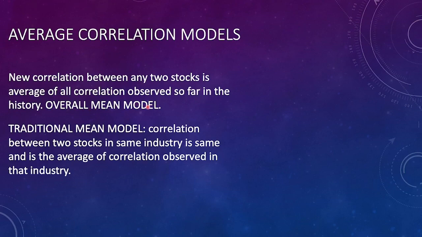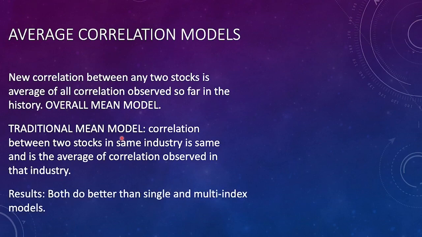Their correlation is the average correlation between all the stocks in that healthcare industry, and that's the prediction of the correlation between any two stocks in the healthcare industry, right? So it's the same for every two stocks in the same industry. And it turns out, very surprisingly, that both of these do better than the single and multi-index models, right?